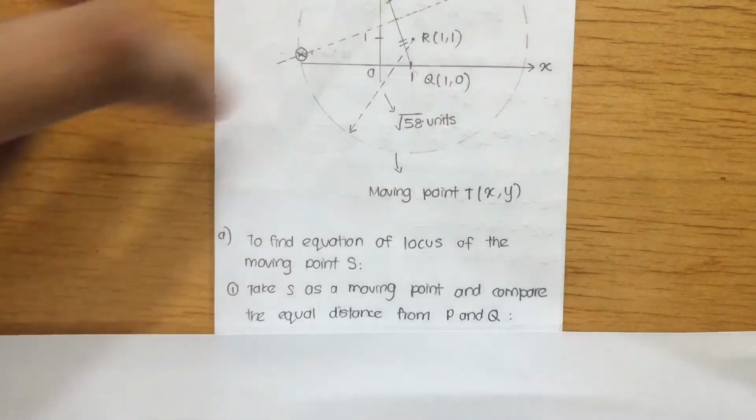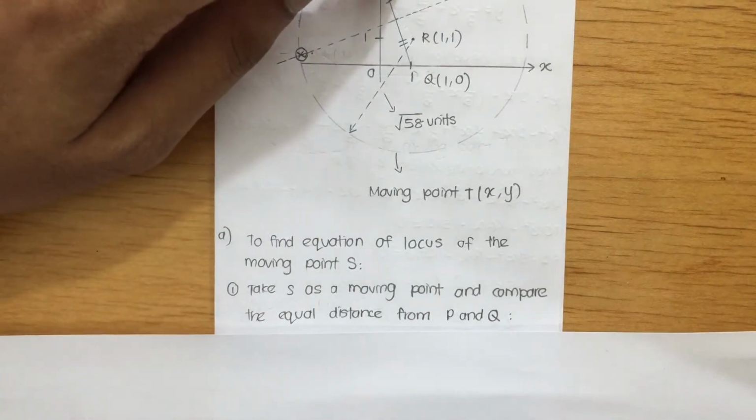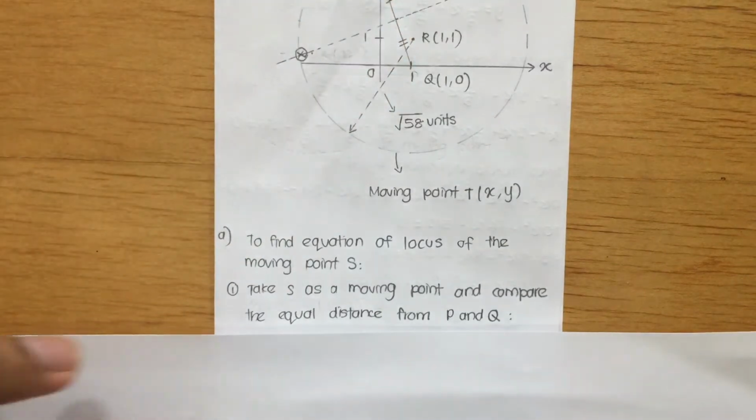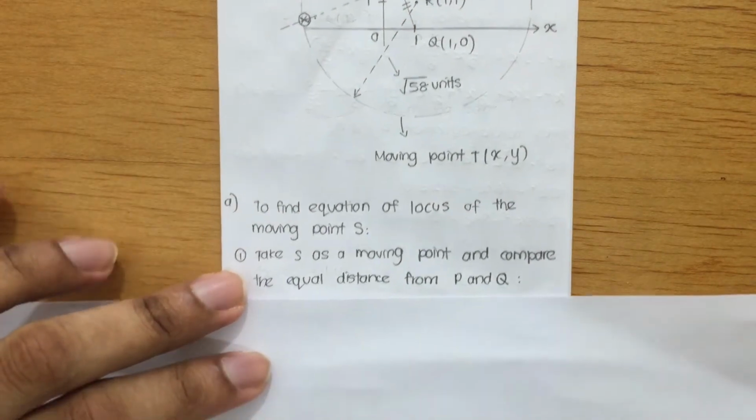But this point is moving, we don't know the exact point. So in this case, we take S as the coordinate (x, y), so we have two variables. We compare the distance to P equals the distance to Q, since the locus is equidistant from point P and point Q.